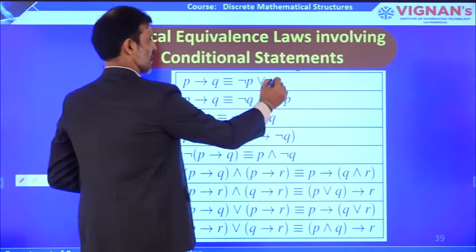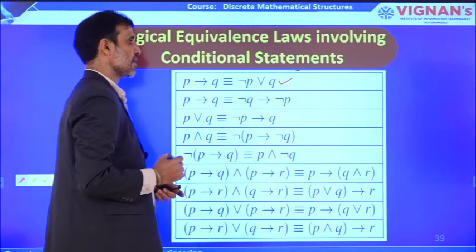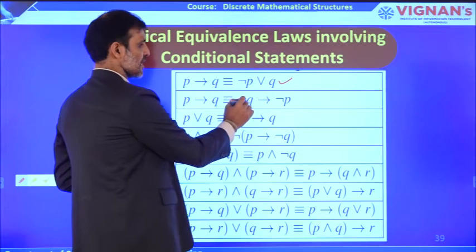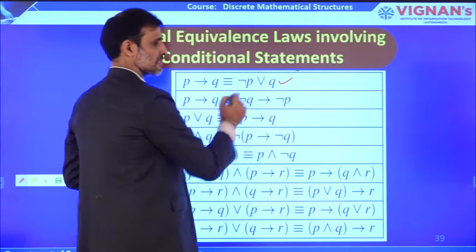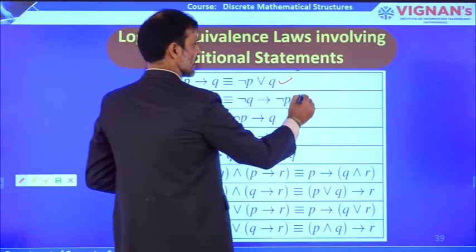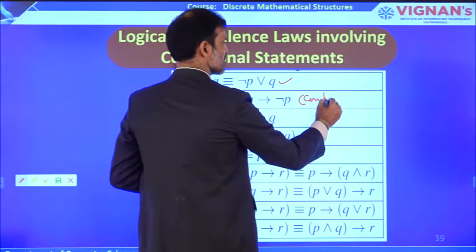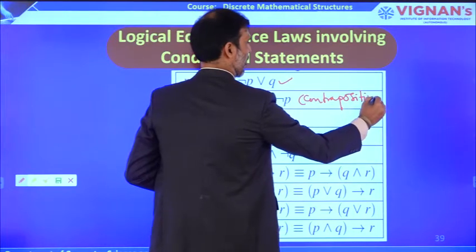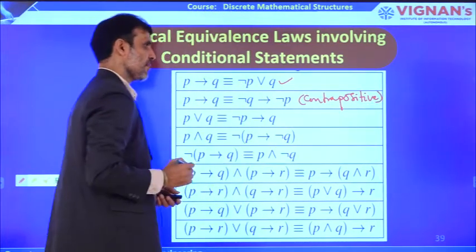P implies Q: we already proved that P implies Q is logically equivalent to negation of Q implies negation of P. Just now we discussed that it is called the contrapositive law.